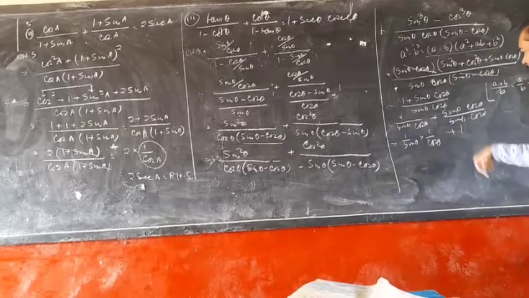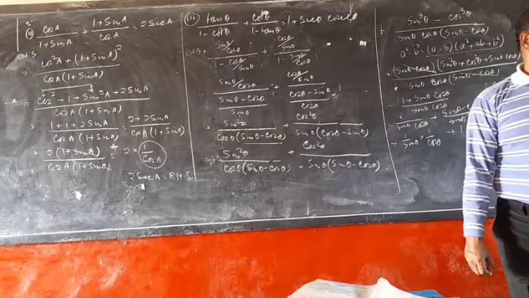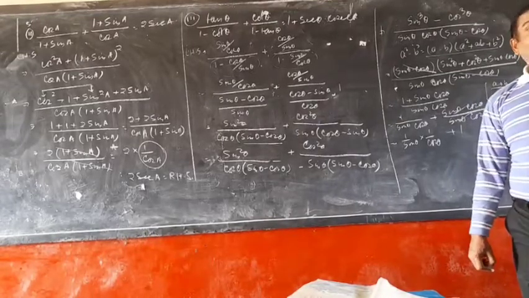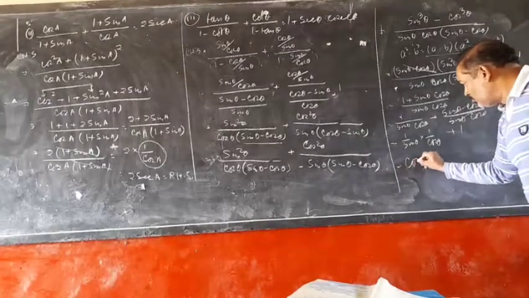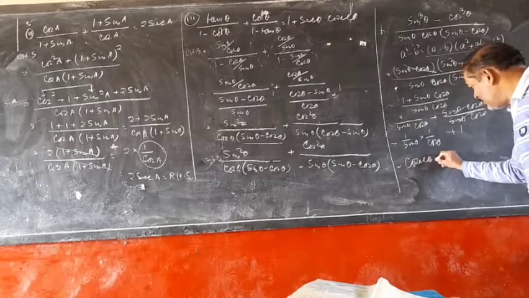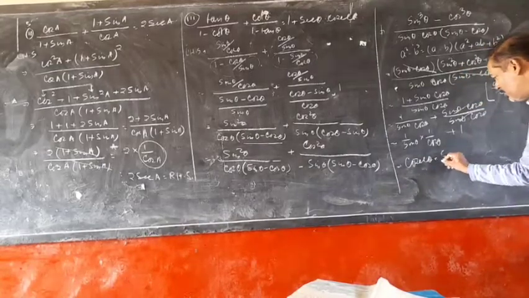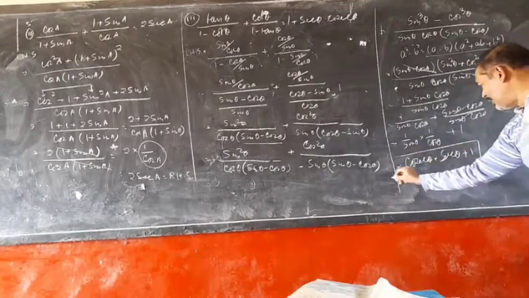And this one cancels completely. 1 upon sin theta, the reverse of sin, is cosec, that is equal to cosec theta. And the reverse of cos theta? Sec theta. Very good. Into sec theta plus 1. And this one is equal to RHS.